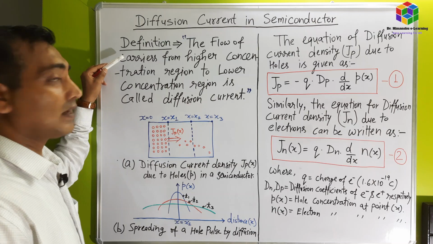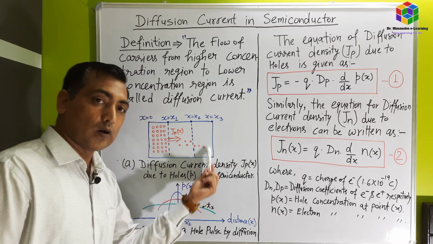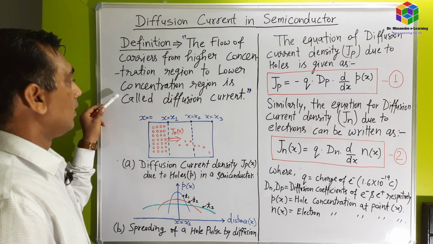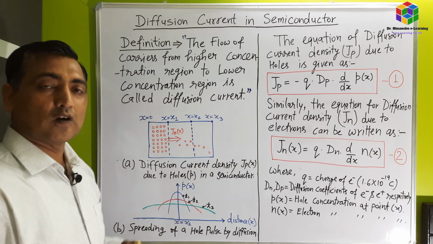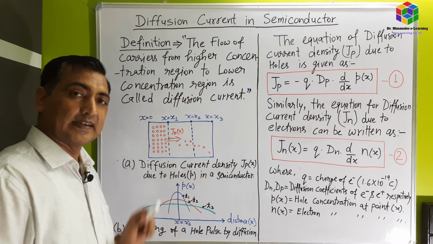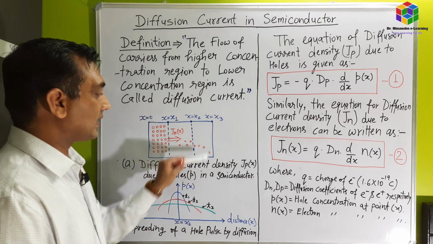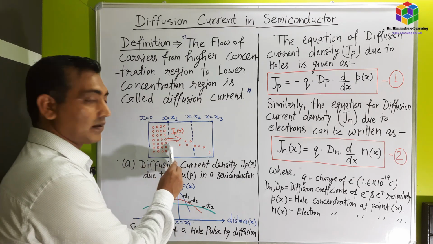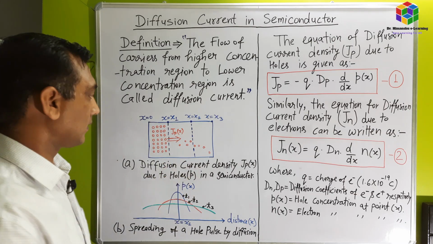So this is the flow of carriers from higher concentration region to the lower concentration region. One more point can be added here: without the presence of external bias. So diffusion current only takes place when there is no external excitation. Here there is no external excitation and the current is flowing.